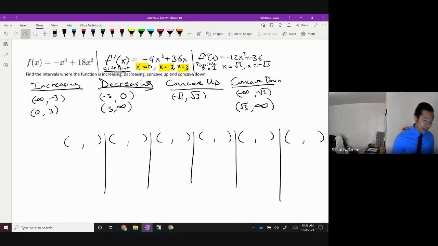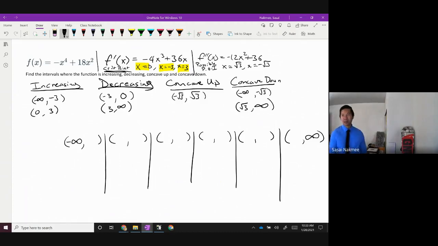You guys understand this part, right? The furthest left point should probably be negative infinity. The furthest right point should probably be infinity. Those are the ones that it goes from there to there. Does that make sense?